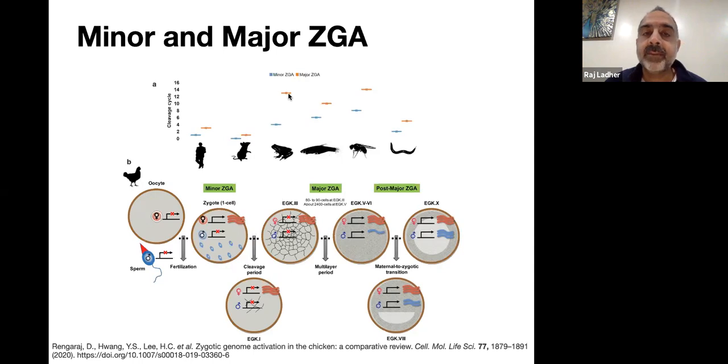The difference in timings of major and minor ZGA between different species is still unclear. The mechanisms are known about on what triggers ZGA, but what the evolutionary pressures are that change the timings in different species is not so clear.